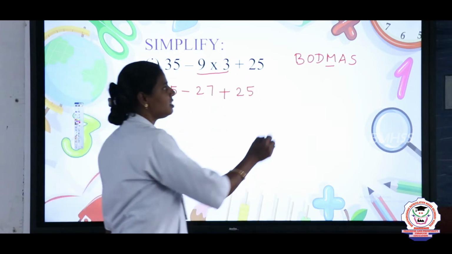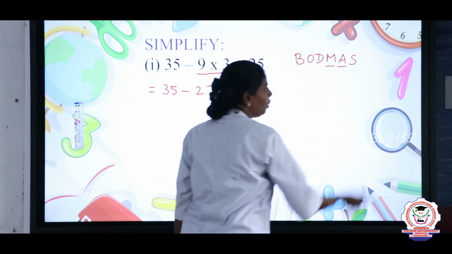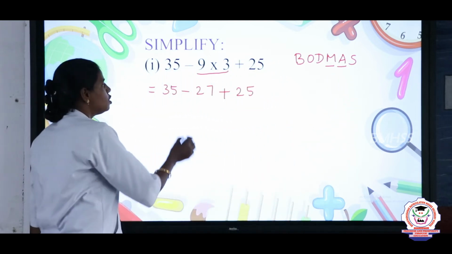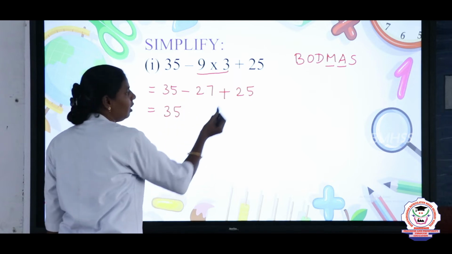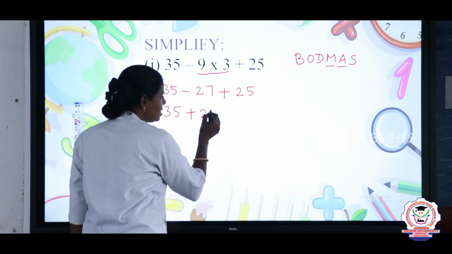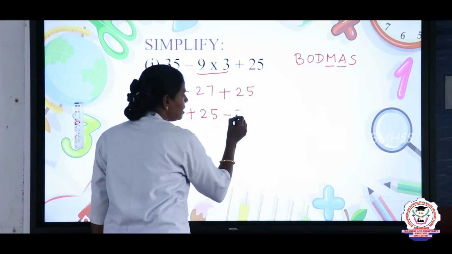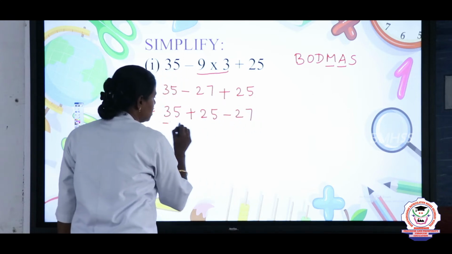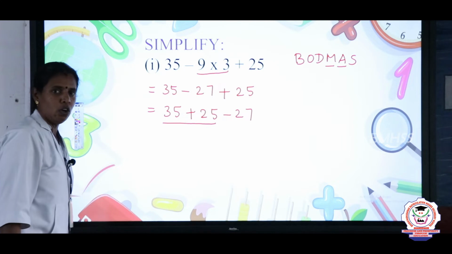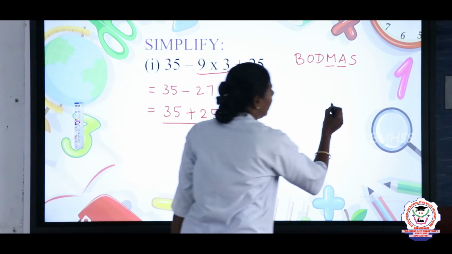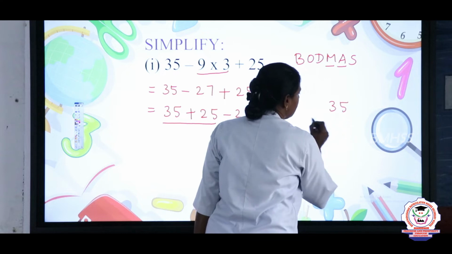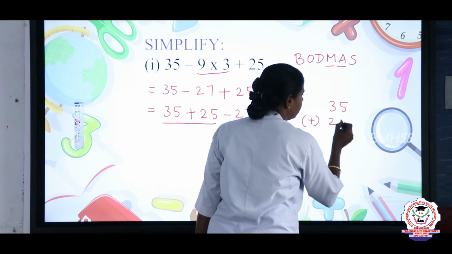The next, next to multiplication, what do we need to solve? Addition. So here, 35 is a positive number and the number to be added is plus 25, minus 27. So the next step, we are going to add these two numbers, which is 35 plus 25. Add this 35 with 25.